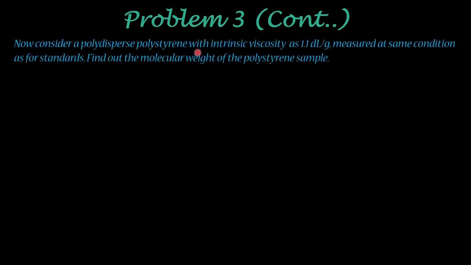Now consider a polydispersed polystyrene sample with intrinsic viscosity of 1.1 deciliter per gram, measured at the same condition as for standards. Suppose both the standards and samples were measured by dissolving them in benzene at 25 degrees centigrade. Now find out the molecular weight of the polystyrene sample.